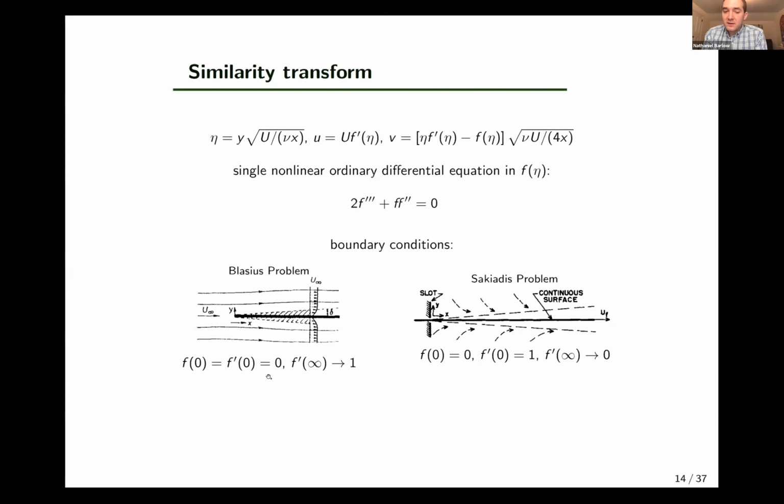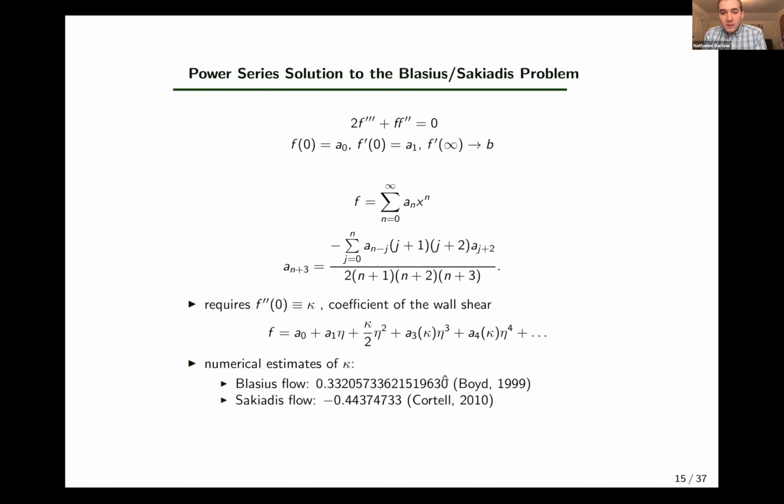in that you have a left-hand side at 0 and you have a right-hand side at infinity. And this is flow over a plate, and this is a plate moving through flow. So there's two different problems here with two different conditions at infinity, also at 0 it looks like as well. So this is a problem we also solved.